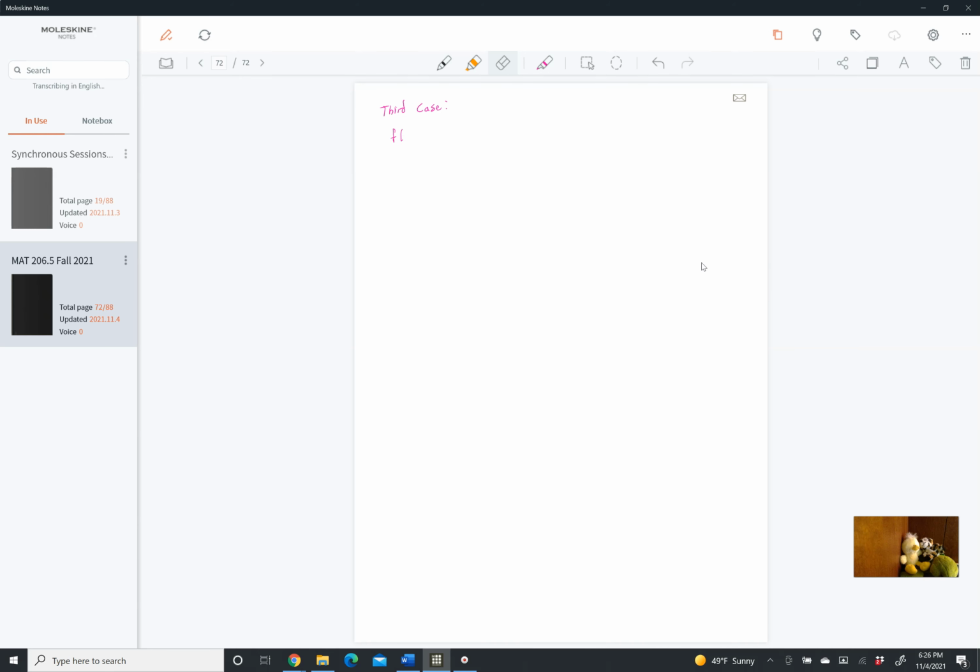So let's start with something like f of x is equal to x over 2x. Okay, well this simplifies to 1 over 2. The x's cancel. So here, as x gets very large, it actually has no effect on our y because there is no x to plug in.